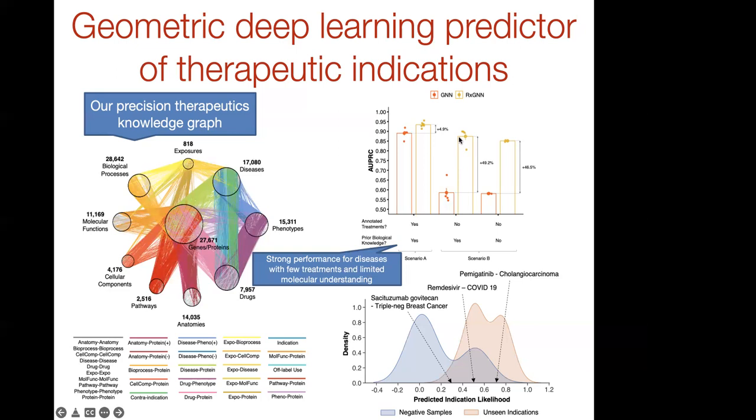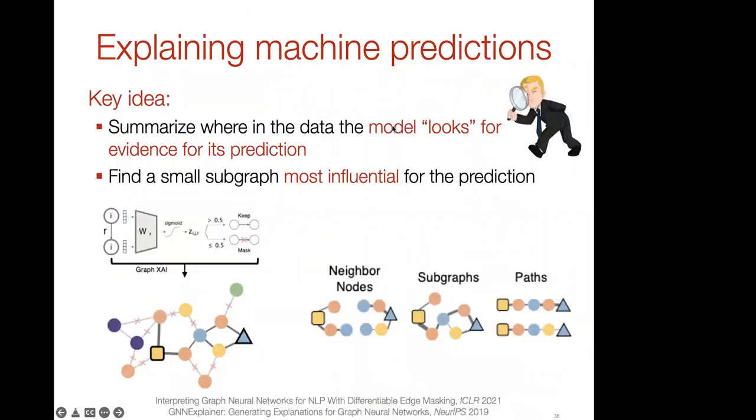We can see in particular that the lift in performance, measured as area under the precision-recall curve, is particularly prominent in cases where we are interested in prioritizing candidate treatments for diseases that have otherwise a very small number of treatments or limited molecular understanding. And I think that's also where AI and ML methods should focus more, because that's where they can provide most actionable hypotheses and guide biomedical discovery.